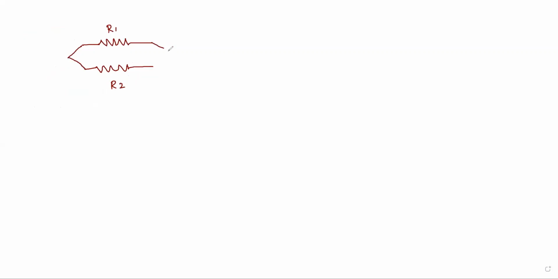Therefore, it should be connected between the common points of both the resistors. Let this point be A and this point be B. Now let us provide a potential difference across the resistors. For that, we have to connect the resistors to a battery. So this is very important.